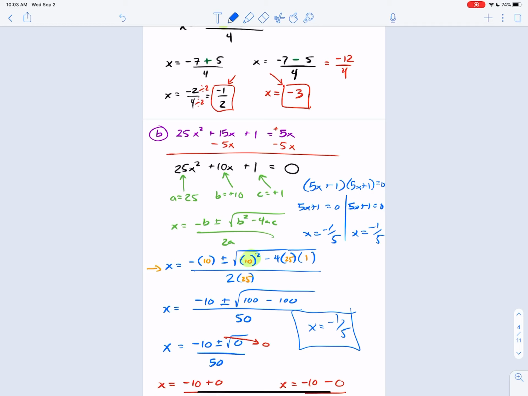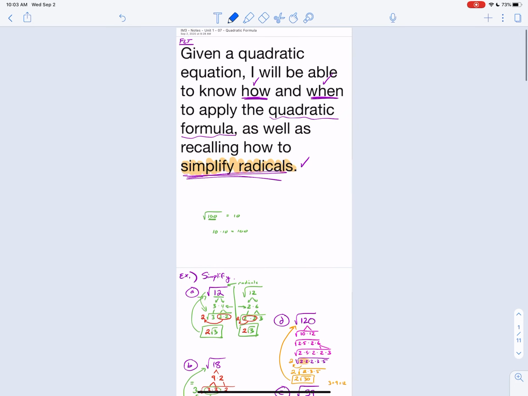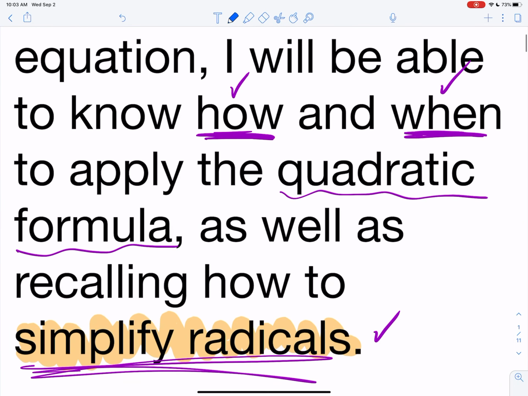All right. So let's talk about efficiency again. Would you ever use a quadratic formula? Always, right? So the first thing you need to do in the back of your mind is, can I factor it? And if you can't factor it, then you resort to the quadratic formula. So going back to the very beginning, you guys, that is your when, okay?